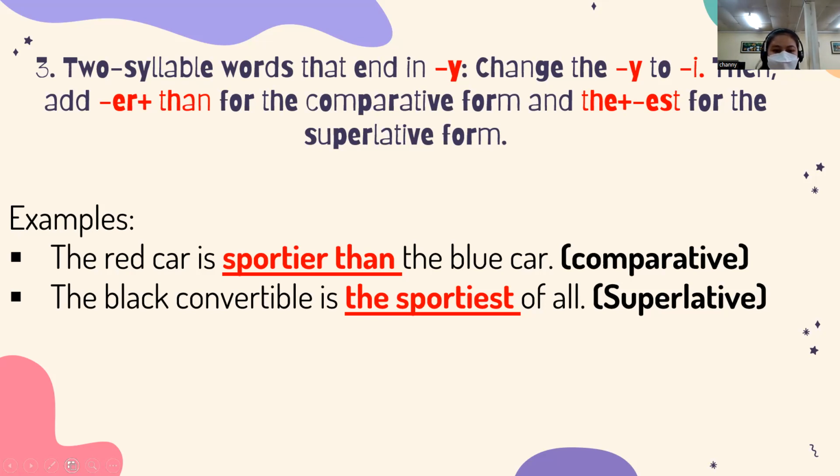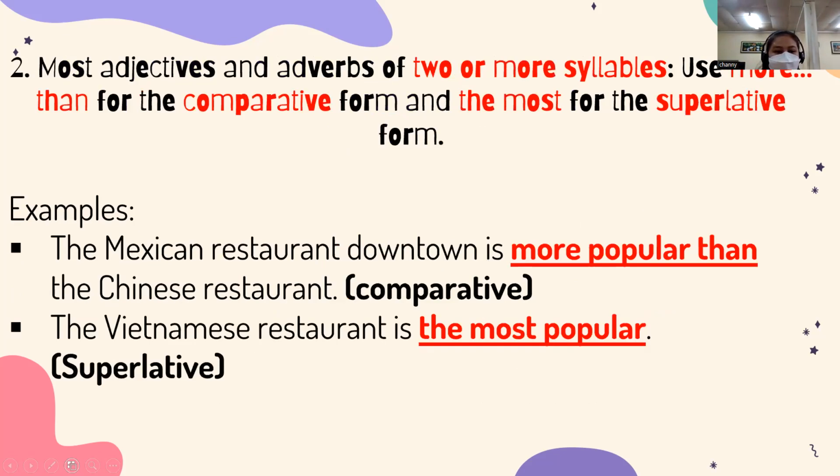For example, the red car is sportier than the blue car. And the second example: the black currant ball is the prettiest of all. So let's move to the fourth.